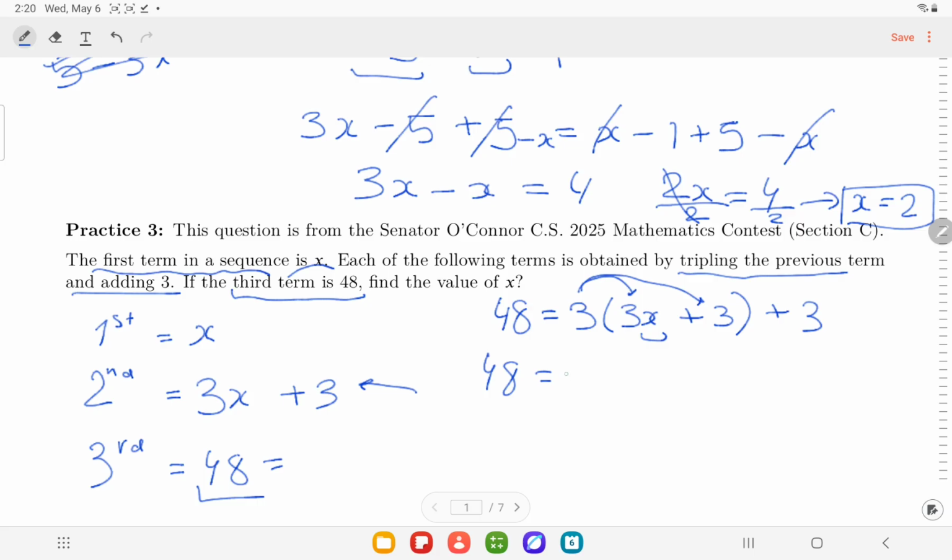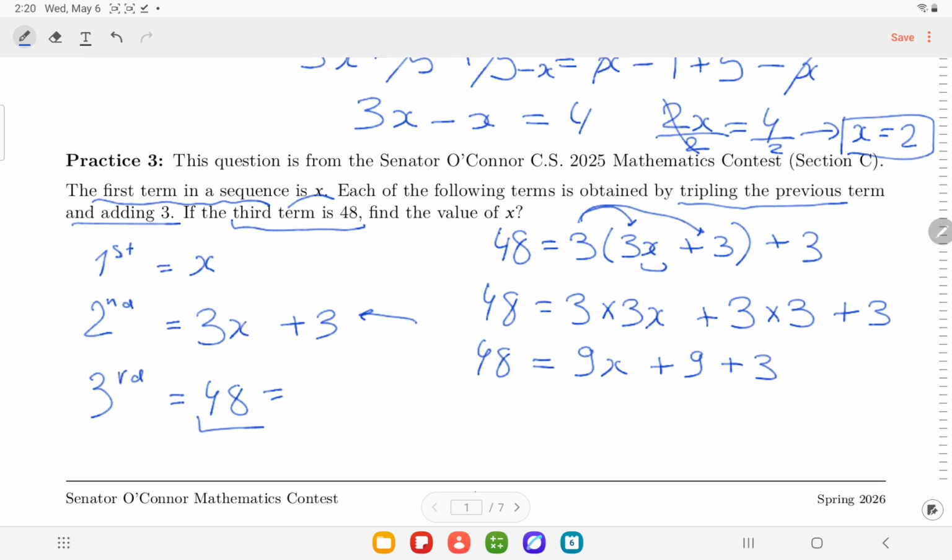So we end up with 3 times 3x plus 3 times 3, and then the 3 at the end. So 3 times 3x is 9x plus 9 plus 3.